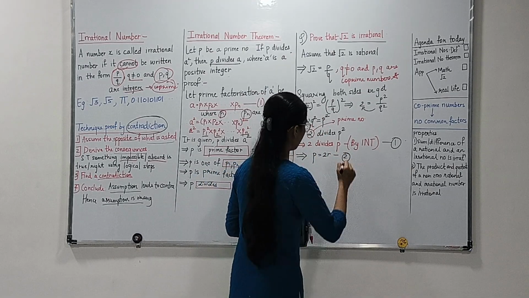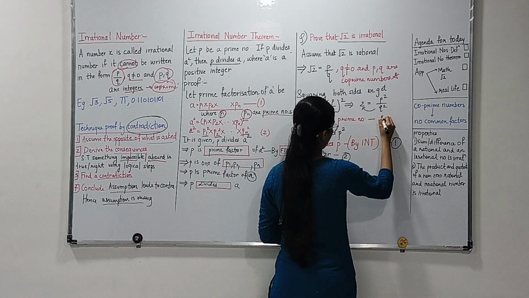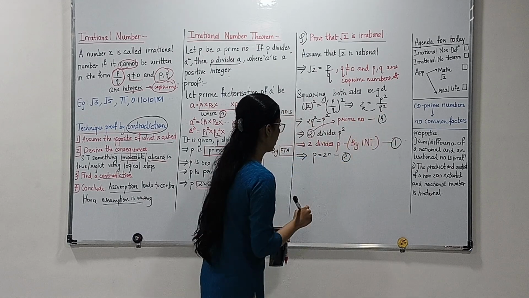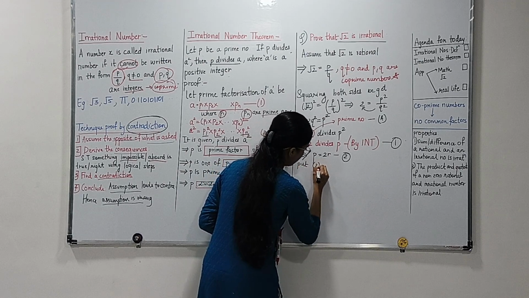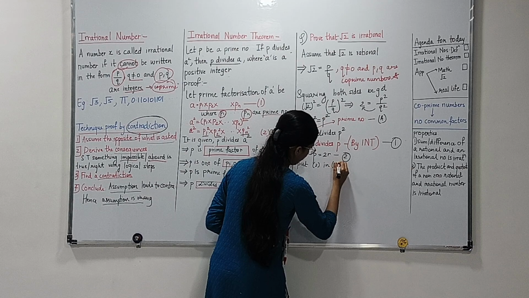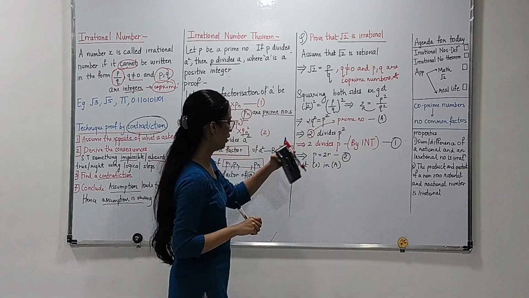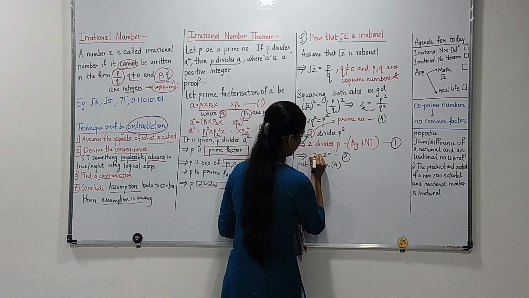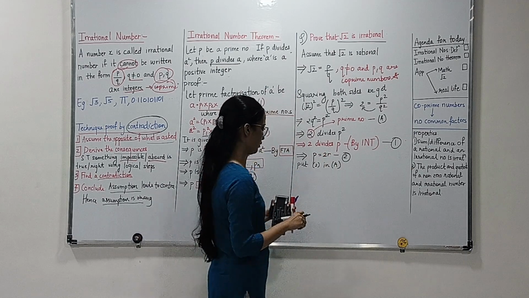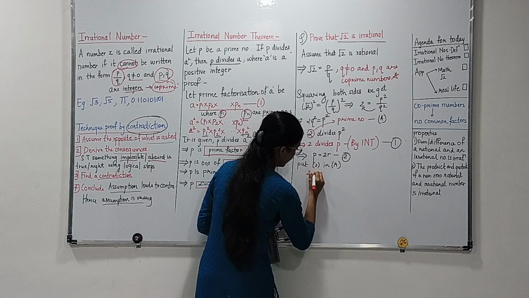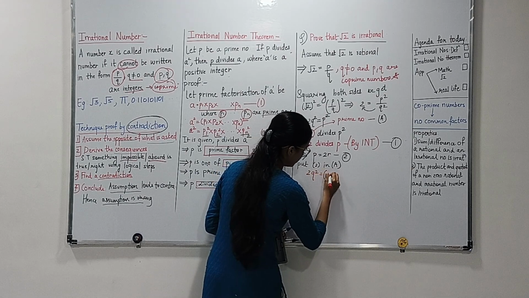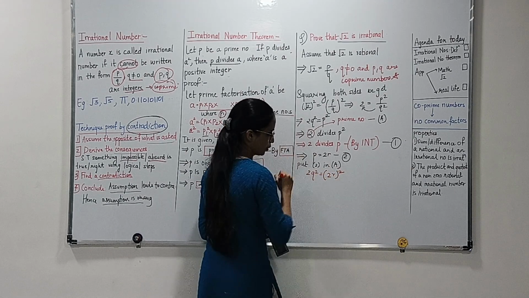What you do is name this as equation number A. Put it in equation number A. So wherever there is P, you put it as 2 into r. Okay, so 2 into q square equals 2 into r the whole square.